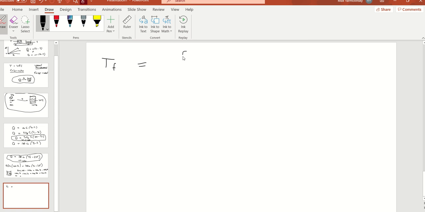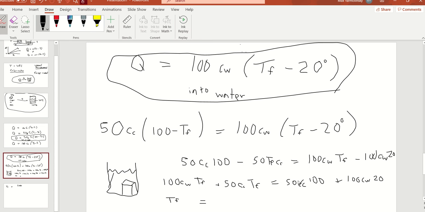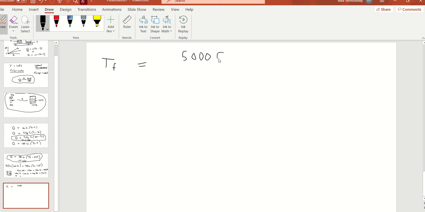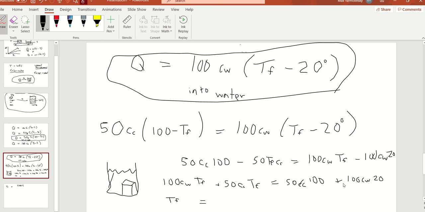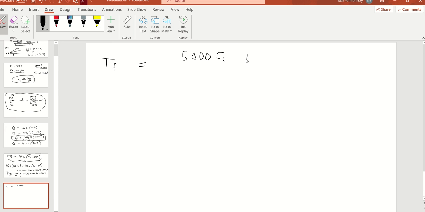So that's 50 times 100 is 5,000, times specific heat of copper, plus 100 times 20 is 2,000 times the specific heat of water.